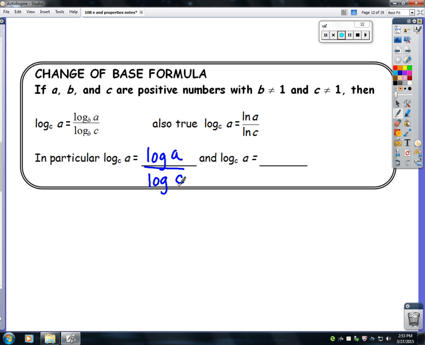And here again, if you're interested in the proof, I have it attached to the end of my video. Another way of doing this is natural log a divided by natural log c. It'll give you equivalent expressions. Like I said, this is kind of a holdover theorem from the past because the calculators weren't able to handle change of base before.